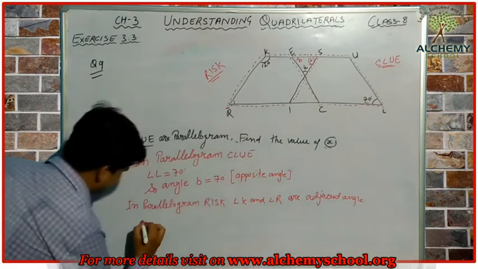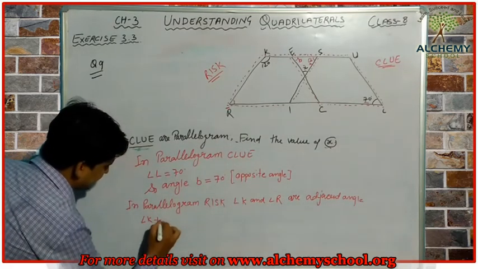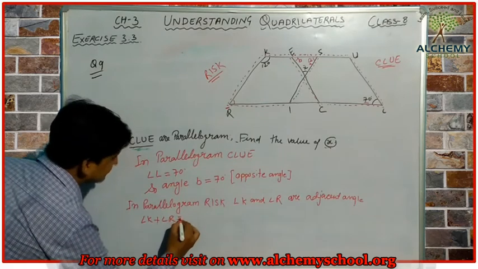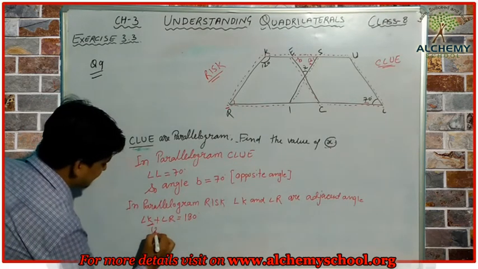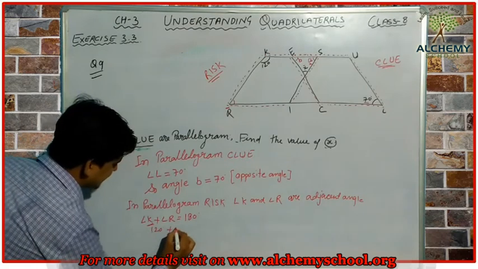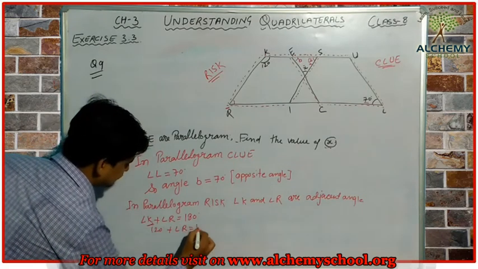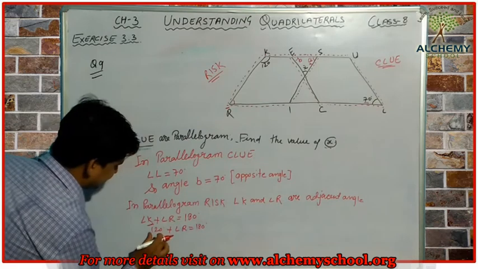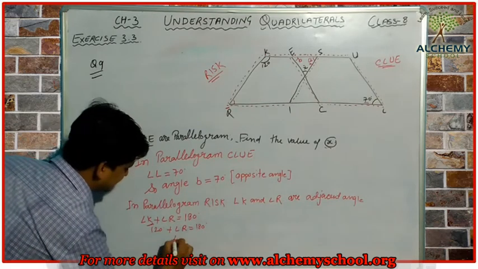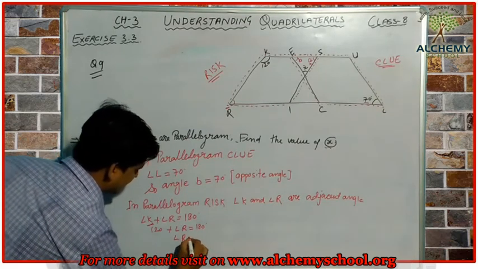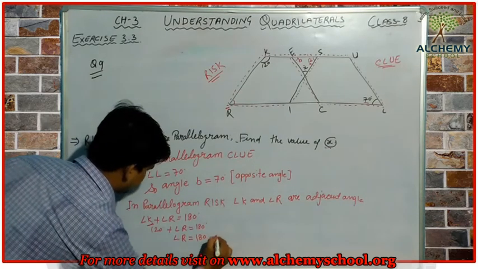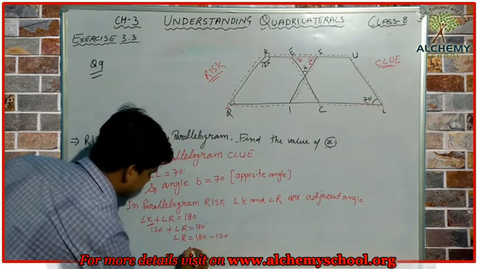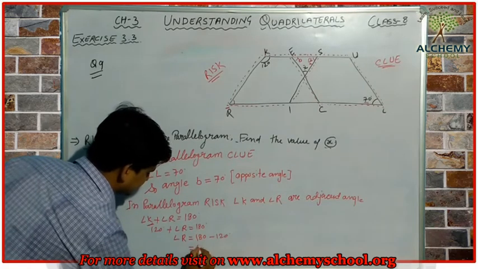So easily we can write angle K plus angle R is equal to 180 degrees. We have the value of angle K, that is 120 degrees, plus angle R is equal to 180 degrees. When we take this 120 to the other side, we can find the value of angle R, that will be 180 minus 120 degrees, and it will be equal to 60 degrees.